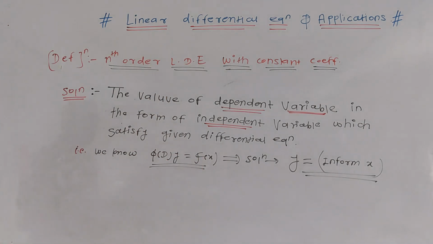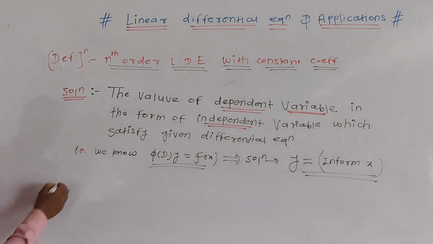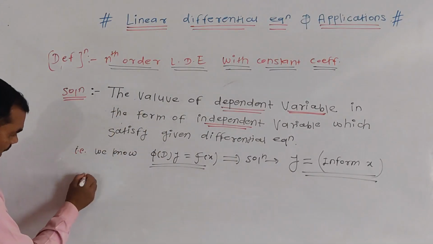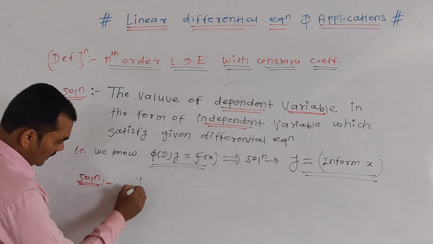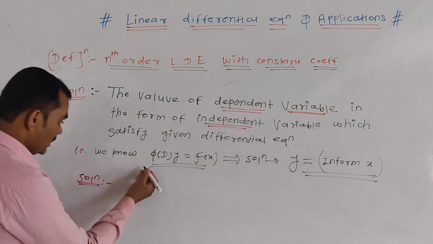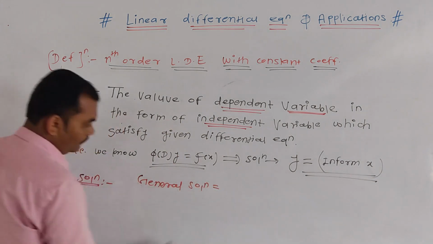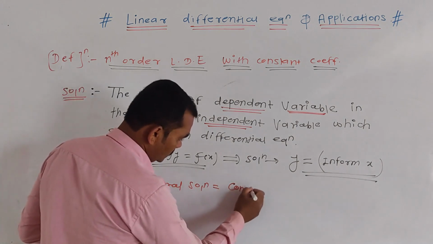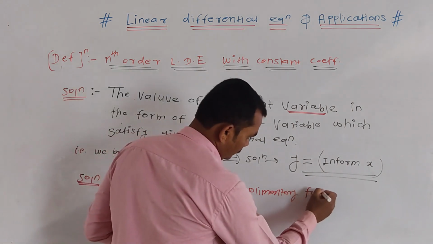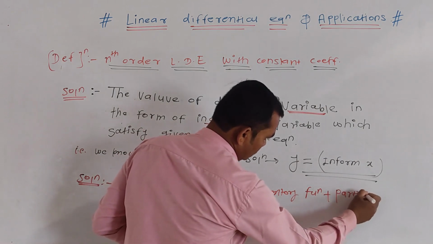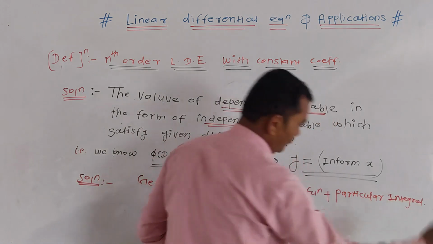Okay, तो देखो there are two types of solutions. First is, I will write here solution is y is equal to, this is your general solution, I will write here the solution or general solution is equal to complementary function plus particular integral.